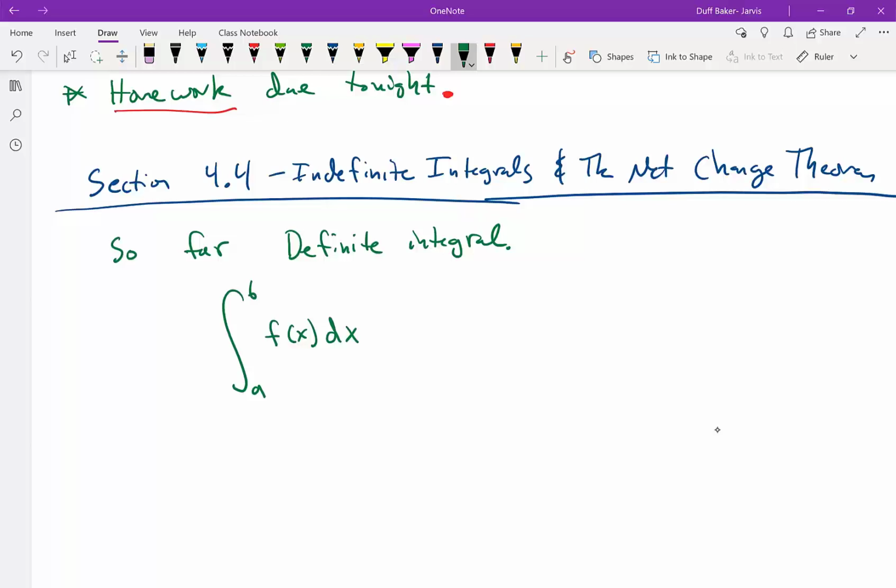And we use this integral symbol. And then we learned by the fundamental theorem of calculus that one way to calculate this is to find an antiderivative of whatever's inside the integral and plug in the bounds. And so F is an antiderivative.